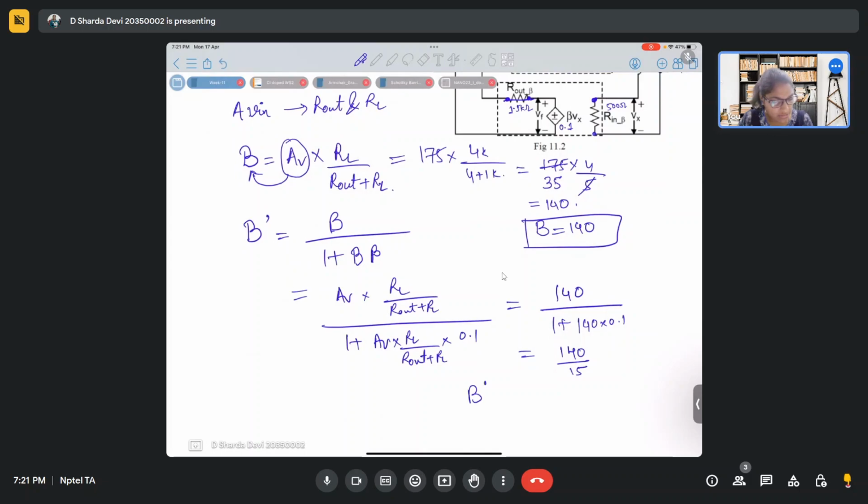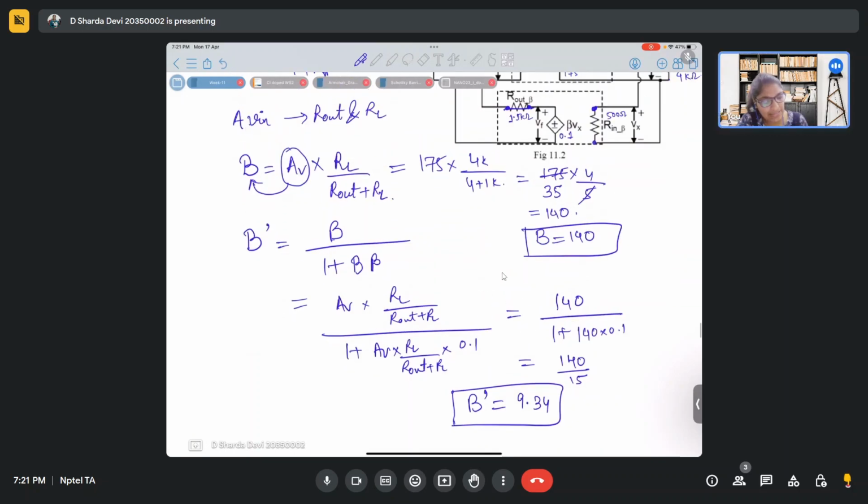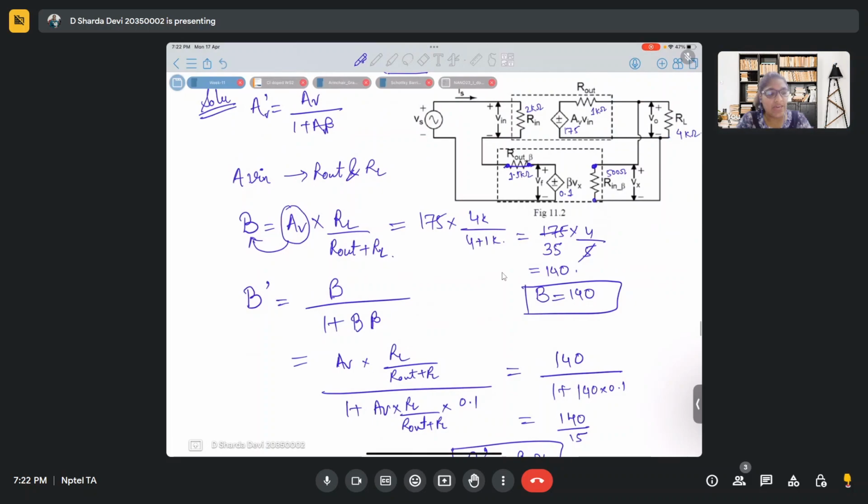So B dash, the actual gain that we'll have across this circuit, is 9.34. Are you getting the same? So this is the gain after feedback, which will appear across the load. So V out by Vs. Clear?